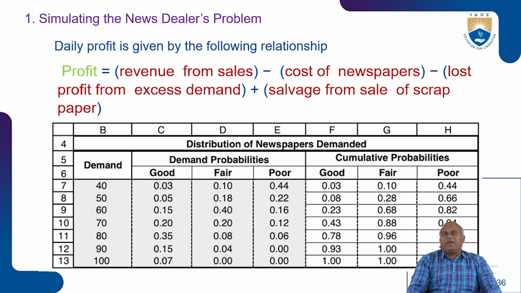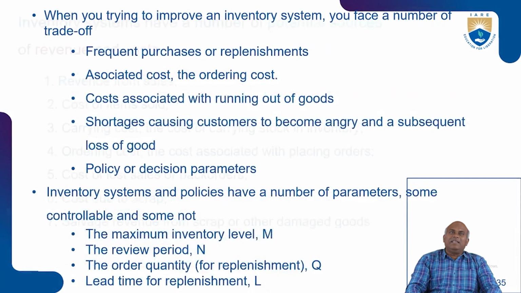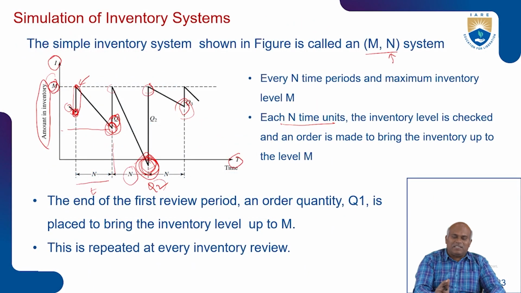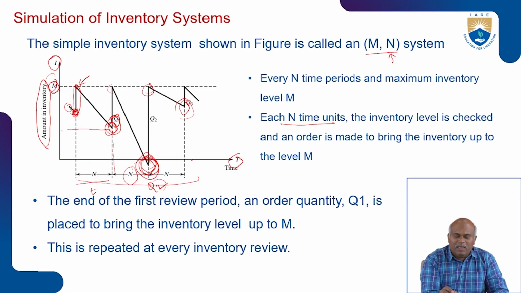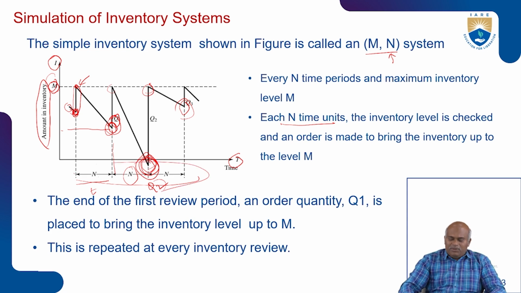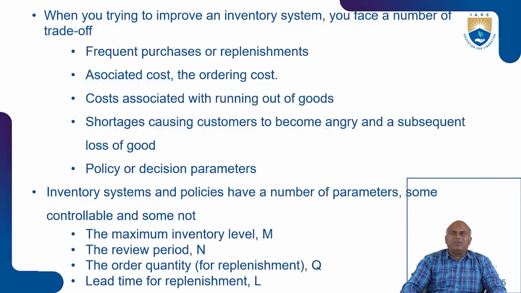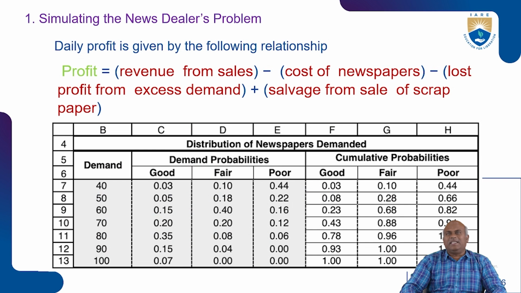Here I take one table. The table consists of A, B, C, D, E, F, G, H, A, which represent the distribution of newspaper demand. This is the diagram representation. There are n values, and based on that number I draw A, B, C, D, E, F, G, H, A.